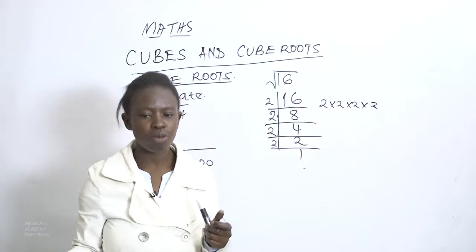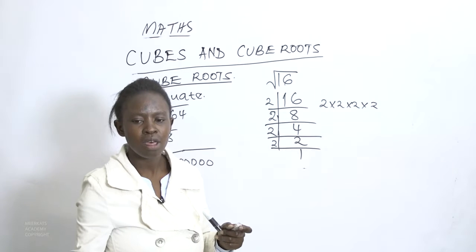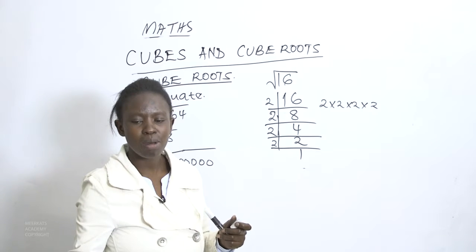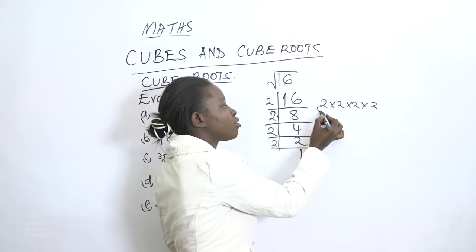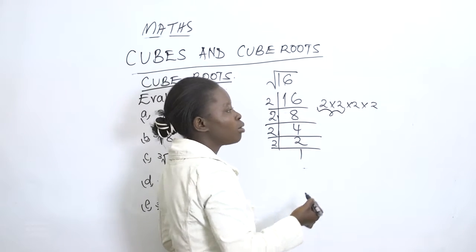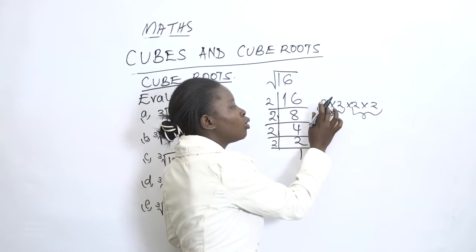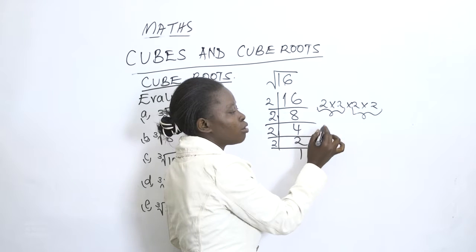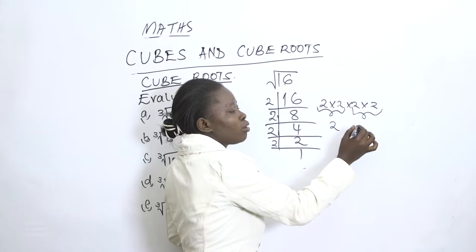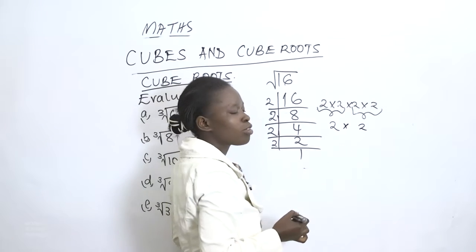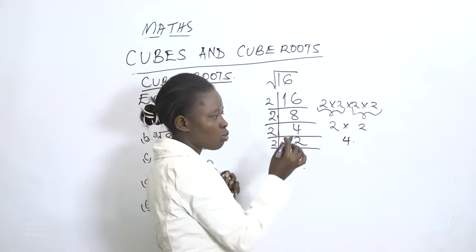Then I want to get the square root. The square root is a number that is multiplied by itself so that you get the square. In this case, we have 2 times 2, and 2 times 2, so 2 has been multiplied by itself. So the square root in this case is 2. The square root of 16 will be 2 times 2, which is 4. So this is the square root.